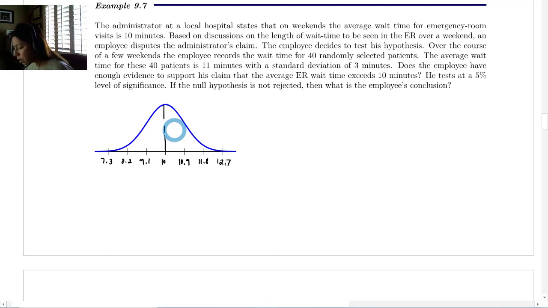Over the course of a few weekends, the employee records the wait time for 40 randomly selected patients. The average wait time for these 40 patients is 11 minutes with a standard deviation of 3 minutes. Does the employee have enough evidence to support his claim that the average ER wait time exceeds 10 minutes? He tests at a 5% significance level. If the null hypothesis is not rejected, what is the employee's conclusion?